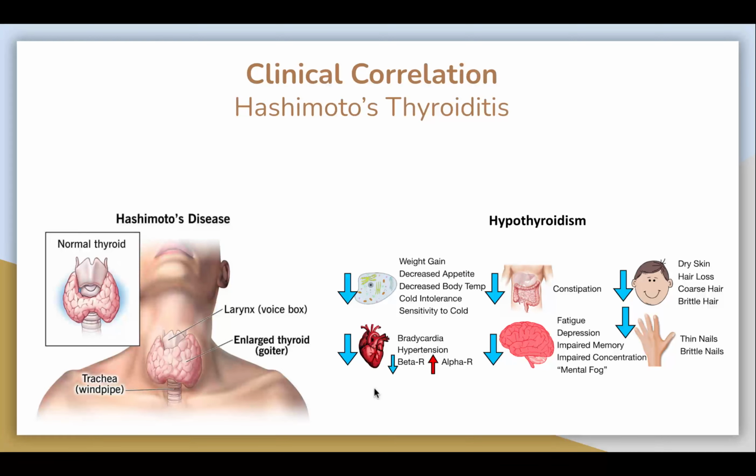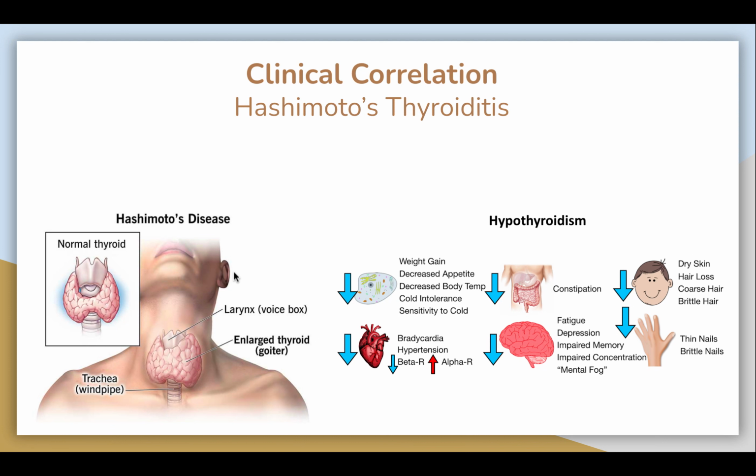You can also have reduction in the heart rate, bradycardia, and in very severe cases, you can even have impaired memory or functioning of the brain. Also, patients can have constipation, brittle thin nails, and coarse brittle hair, as these are effects of normal thyroid hormones that should be able to regulate this.